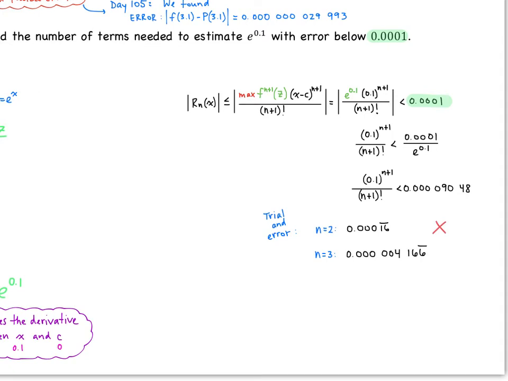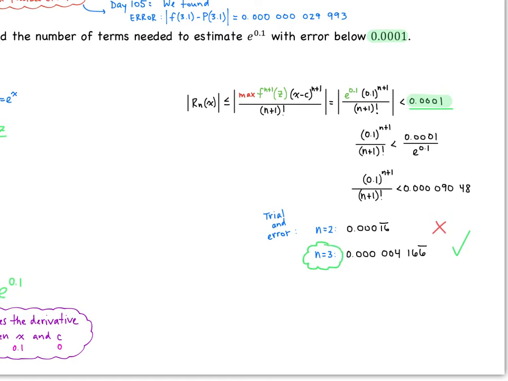So I have to go to when n equals 3. When n equals 3, and we evaluate that, throw it onto the calculator, we get this value here. The good news is that it is less than what we want our error to be. So I know n has to be 3.